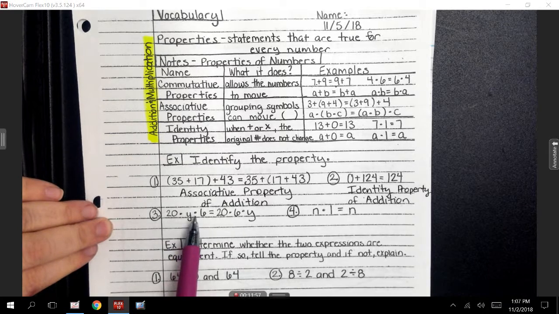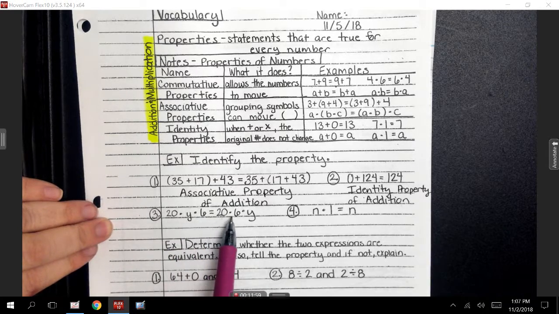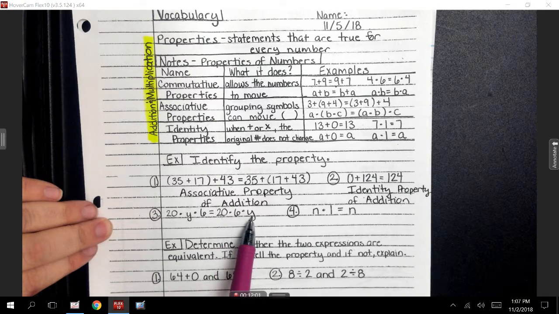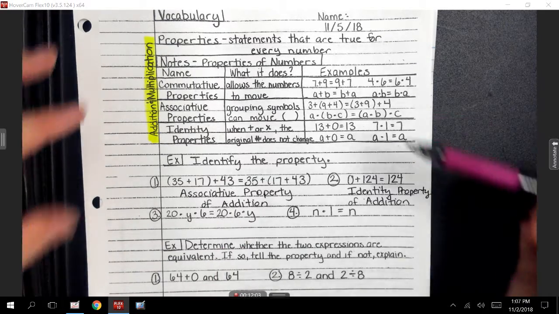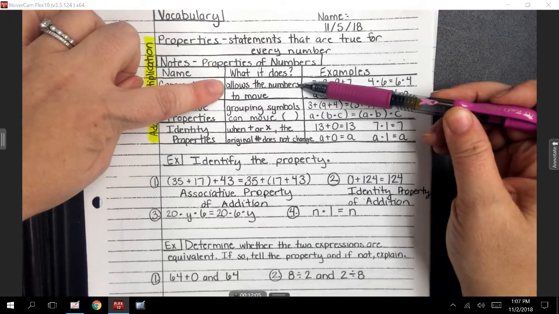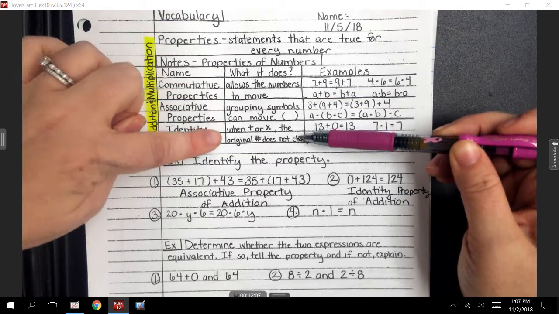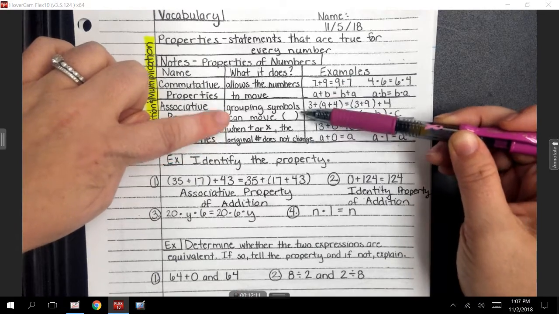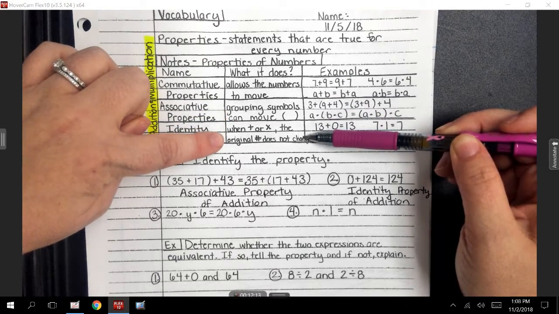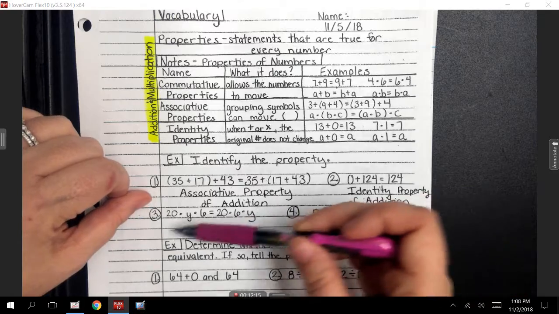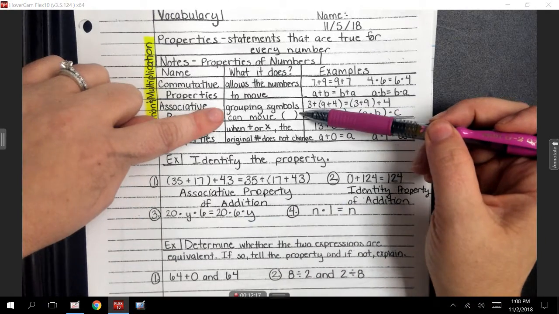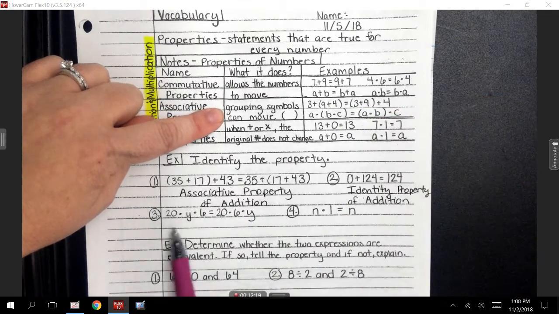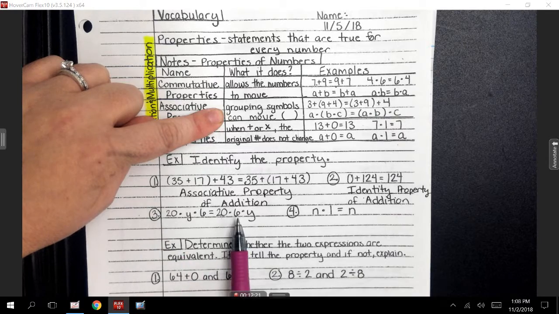20 times y times 6 equals 20 times 6 times y. So we've got to pay attention carefully. Did the numbers move? Did the grouping symbols move? Did the original number not change? If I look closely, guys, nothing here changed at all. Were there any parentheses even to start with?